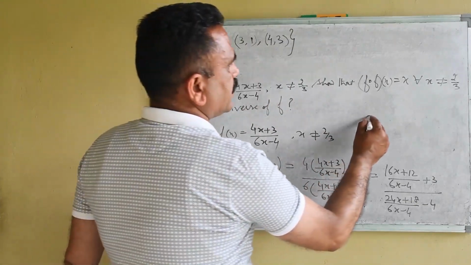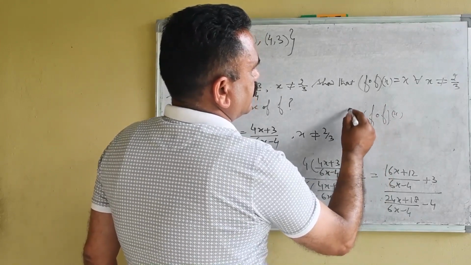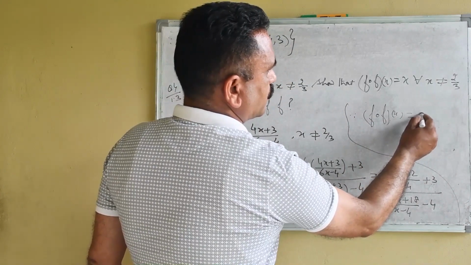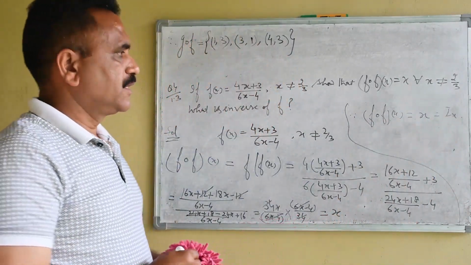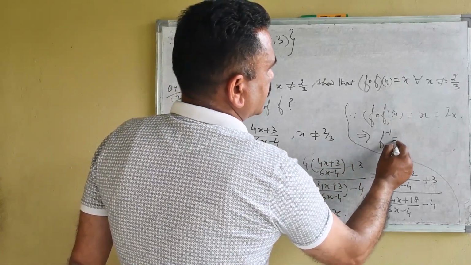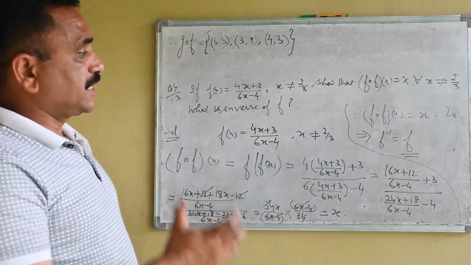Now we have seen f of f(x) is equal to x, which is equal to I(x). It is an identity function. Therefore, this implies f inverse is equal to f. Why? Because we have seen the existence of inverse.